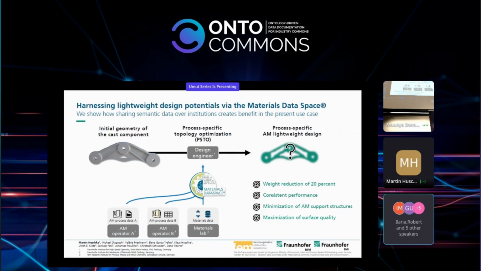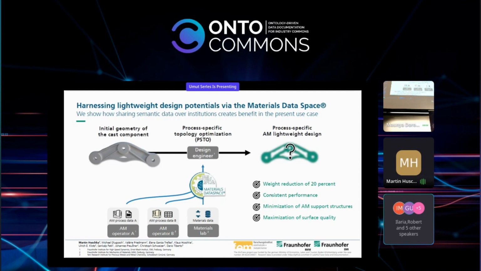And our use case basically focuses on an industrial design engineer who wants to optimize an original geometry of a cast component with regards to lightweight design for additive manufacturing. So the aim is to reduce the weight by 20%, have a consistent performance, have better process parameters, that means support structures, and maximize the surface quality of the original component.